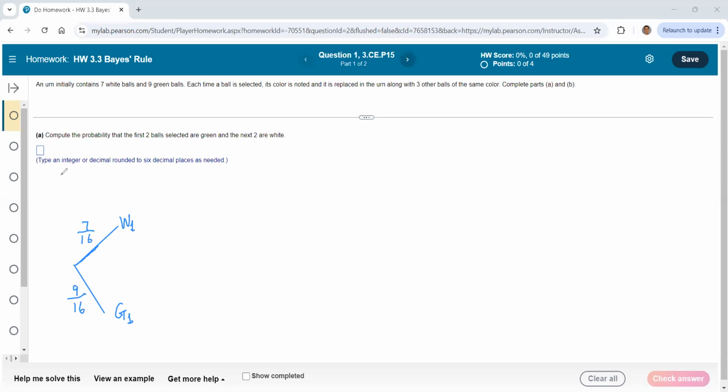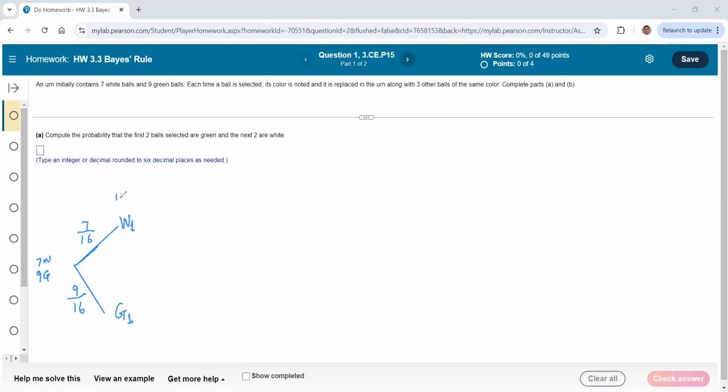Okay. Now, once the first ball is picked and it's white, then 3 more white balls will be added. So here we have 7 white and 9 green. But now we have 7 plus 3 white balls.